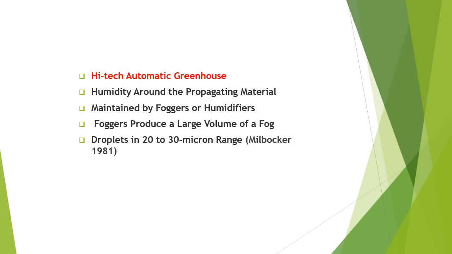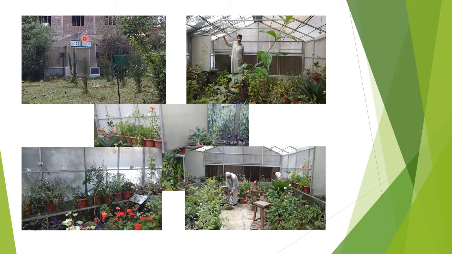So you see a high-tech greenhouse, suppose this is the greenhouse here, it's fully automatic and controlled, and these are the foggers here. This is basically a comb, and then it is connected with the system. Whenever there is an overall increase in the temperature or there is less humidity, the sensor of the humidifier senses it, and automatically the system starts and the fogger starts spraying the mist over the material.